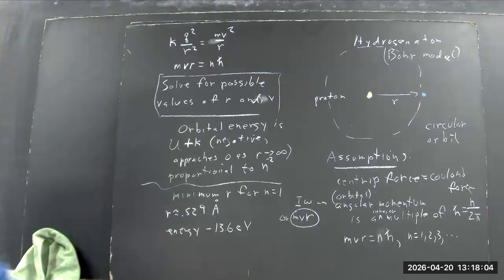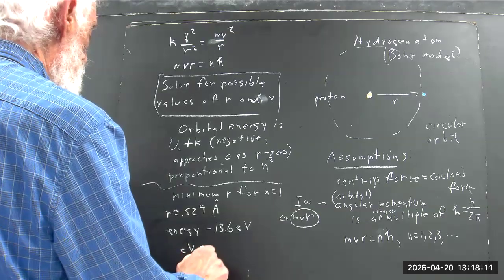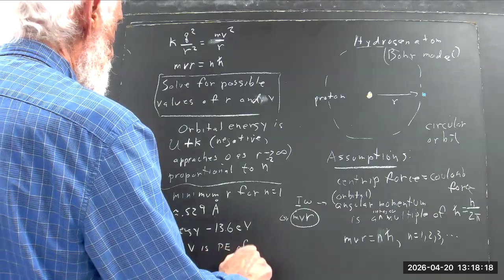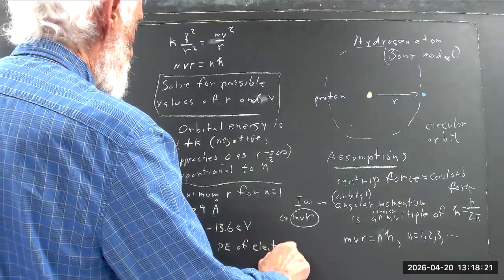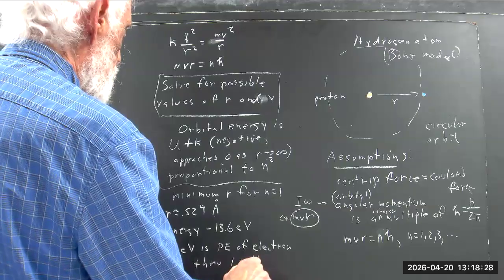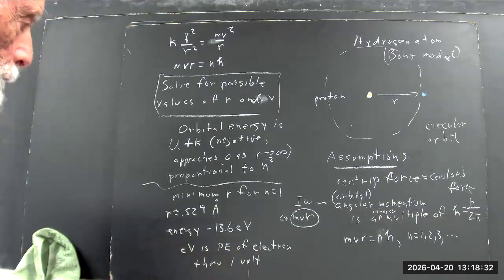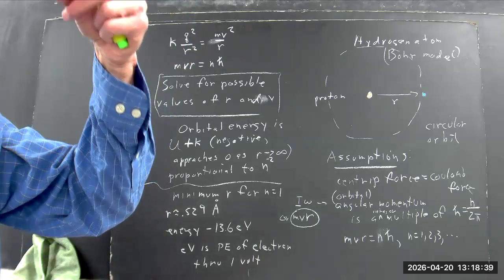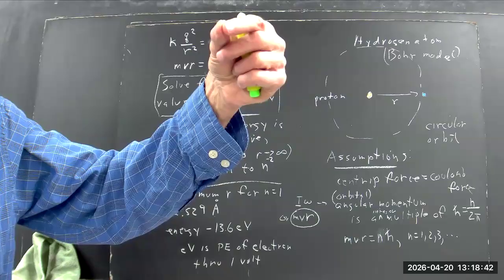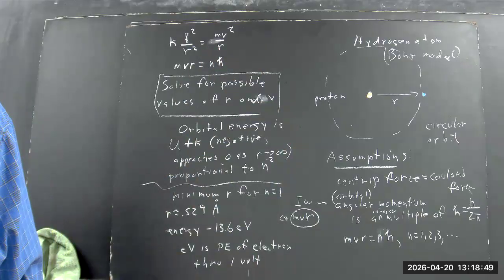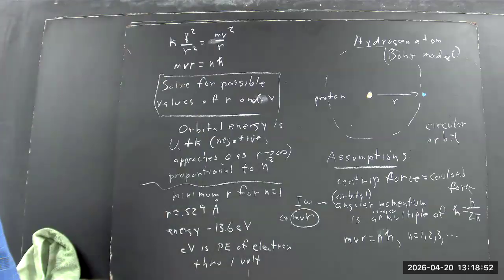Energy is negative 13.6 electron volts. An electron volt is the potential energy of an electron if it discharges through 1 volt. Take an electron at negative 1 volt and let it go to a screen down here at plus 1 volt, or at 0, ground, whatever.